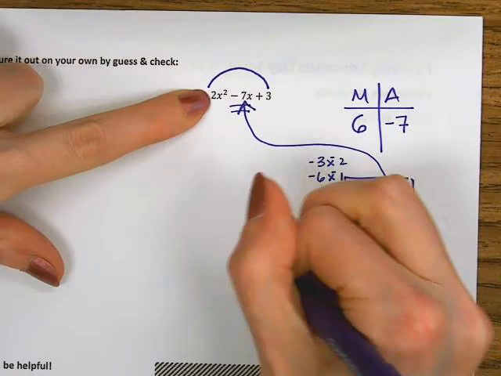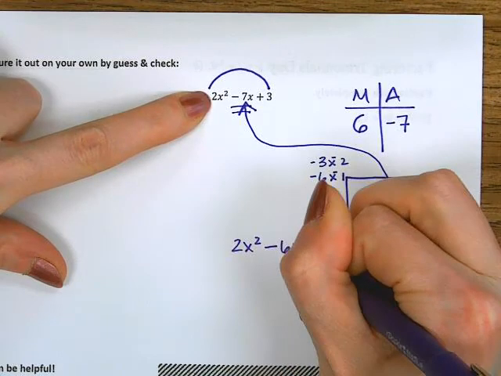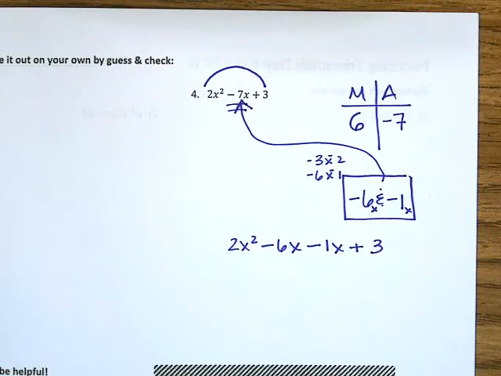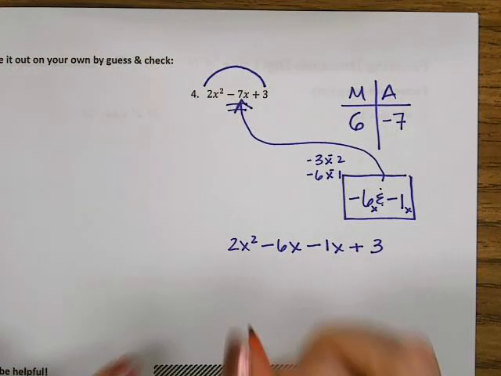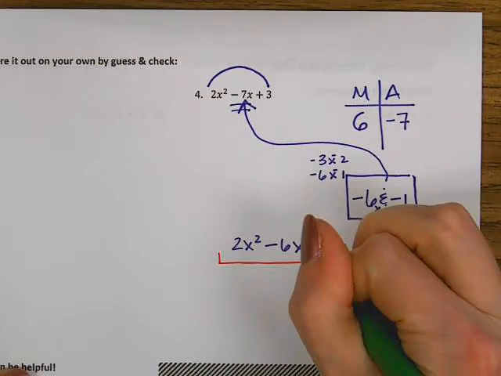So we're at 2x squared minus 6x minus 1x and then plus 3. We just replace the middle term, and now we can factor by grouping since we have 4 terms.